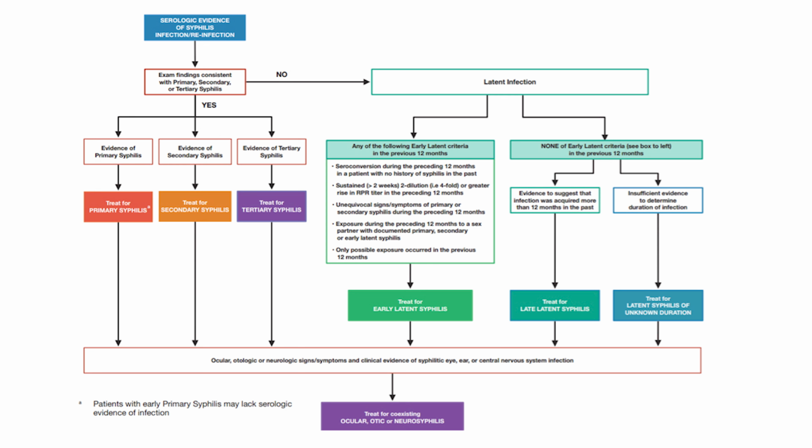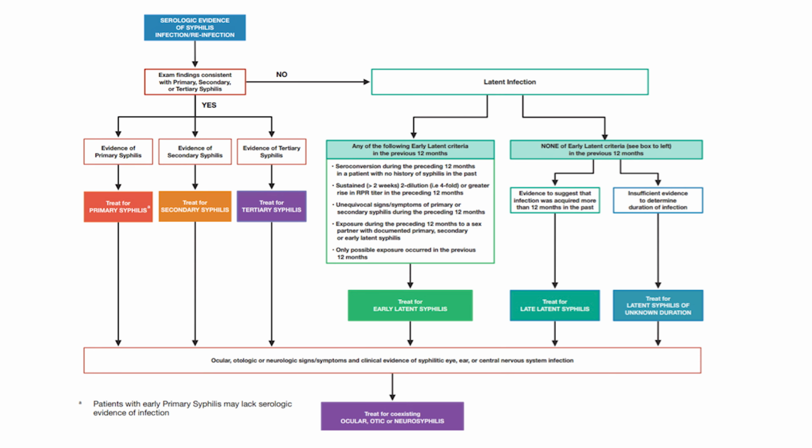It means for the past year, the bacteria is present in the body but hiding in various systems and transmission is less likely. If you cannot determine the length of latency, be conservative and stage as late latent or latent of unknown duration. Late latency is a stage of asymptomatic syphilis that's been present for greater than 1 year.